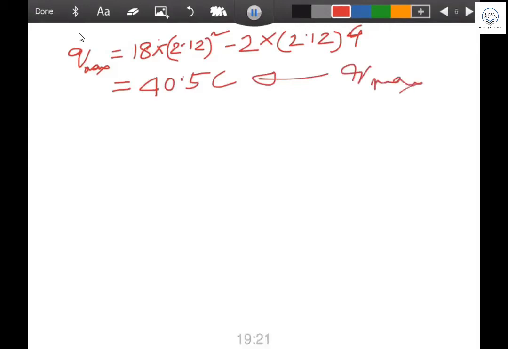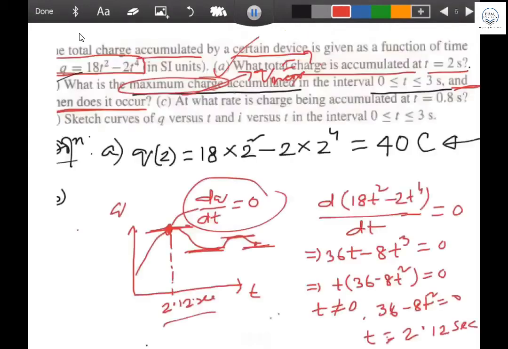So what does it mean? It means this value, you look at it, is 40.5 coulomb, the maximum charge you are getting at 2.12. Question is, does it make sense? Yes. Why does it make sense?